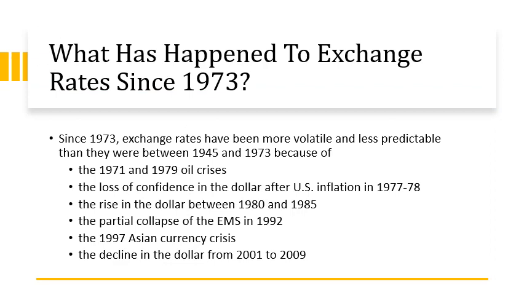Since 1973, we have seen different phases which are of interest, because there have been several ups and downs in the exchange rate since 1973. Since 1973, the exchange rates have been more volatile and less predictable.